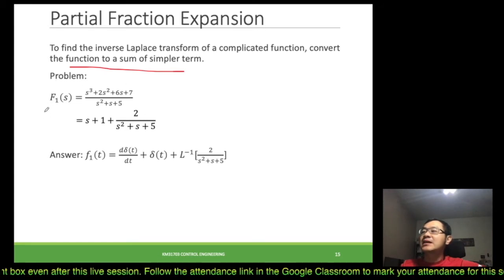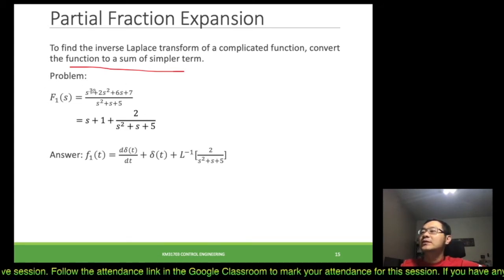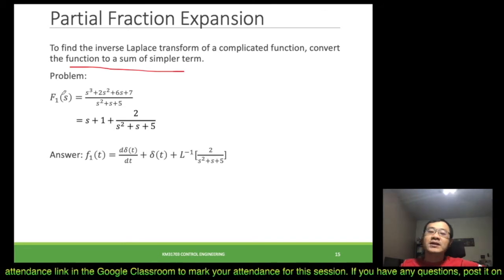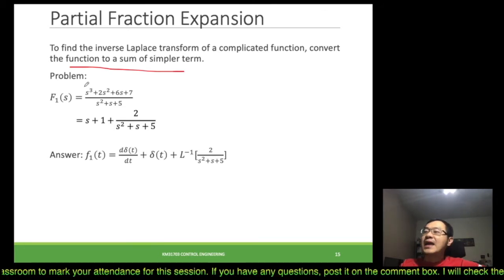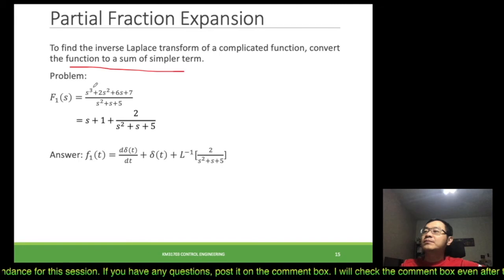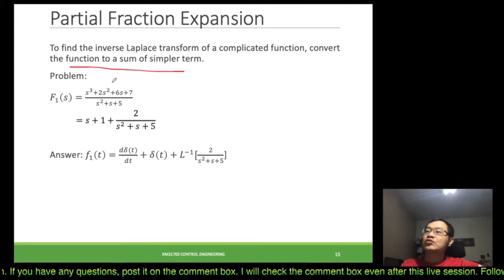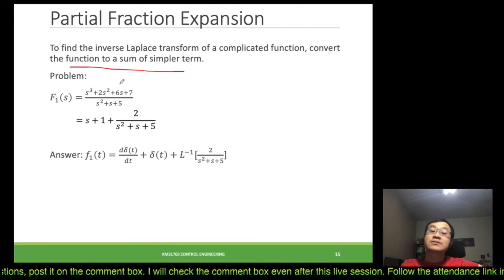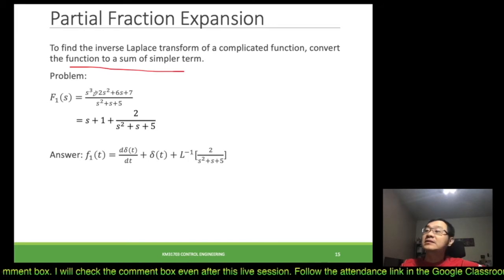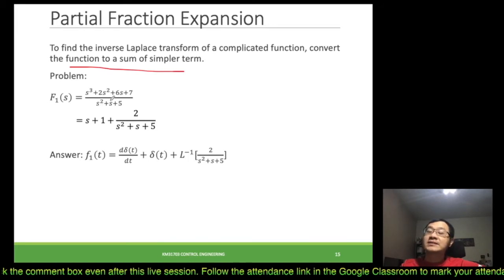Let's take this example problem. F1(s) equals s to the power of 3 plus 2s to the power of 2 plus 6s plus 7, divided by s squared plus s plus 5.